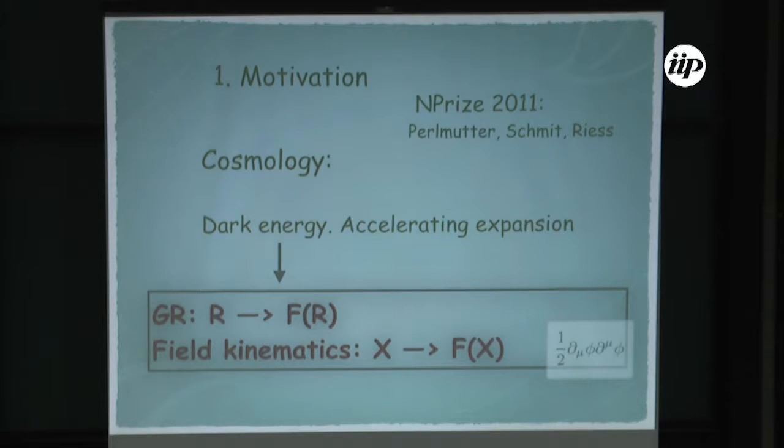So people say perhaps the two main streams are changing GR, changing R to F of R, or changing the kinematics. In a field theory, X for me is the kinetic energy, and we change this to F of X. And we need this to find compact solutions.